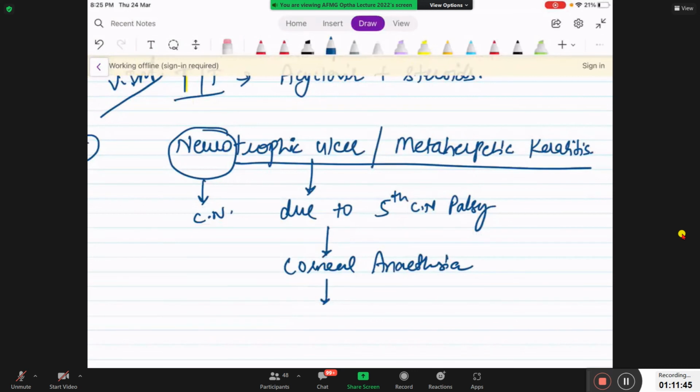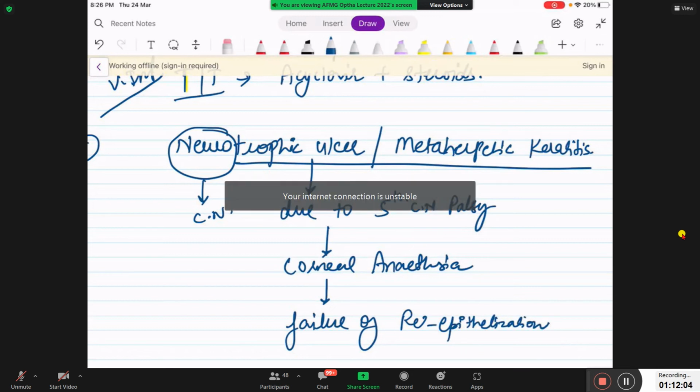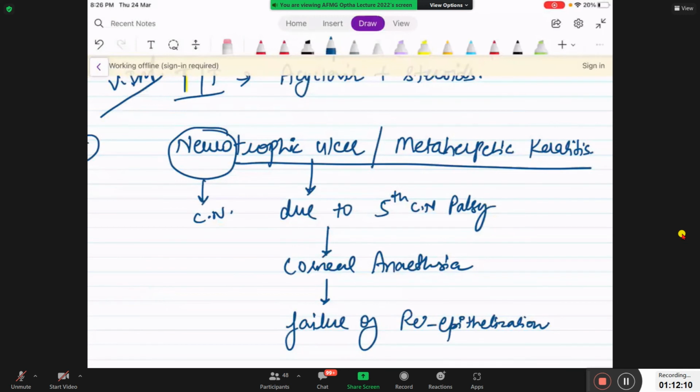And when there is corneal anesthesia, there will be failure of re-epithelialization. The epithelium will not heal. Epithelium has regenerative potential, but in such ulcers with fifth cranial nerve palsy leading to corneal anesthesia, there is no nerve supply, and it leads to failure of re-epithelialization.